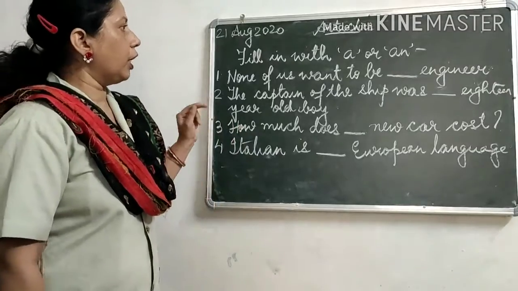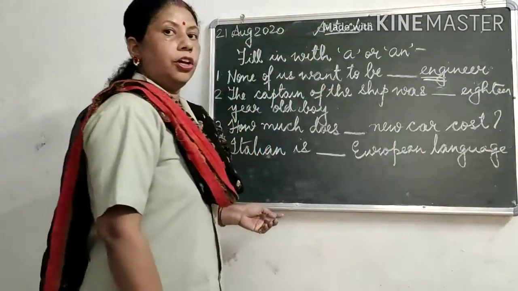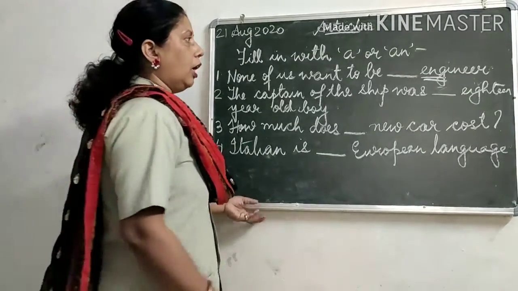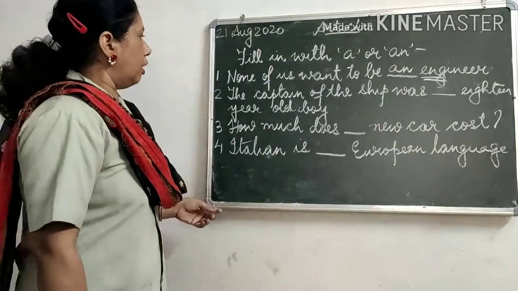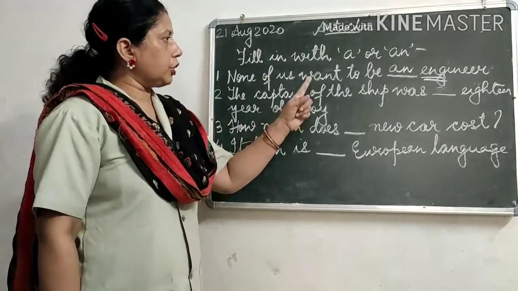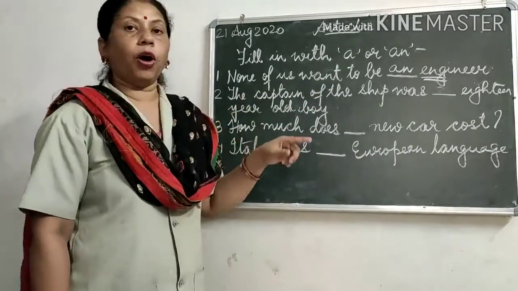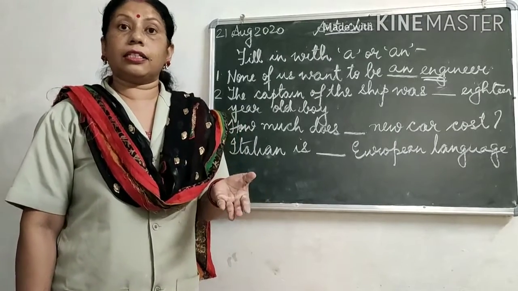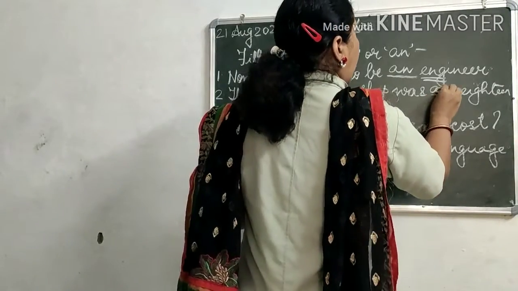Okay. So now here the word is engineer. Okay. So that means the pronunciation is engineer. So here an engineer. Right. Then the captain of the ship was dash 18-year-old boy. How do I pronounce 18? 18. So that is a vowel sound. So again I am going to use an.